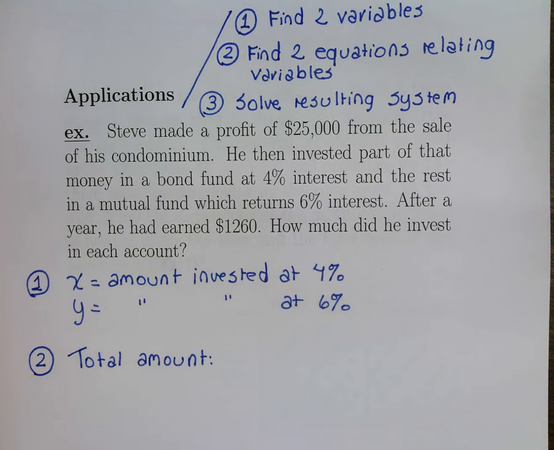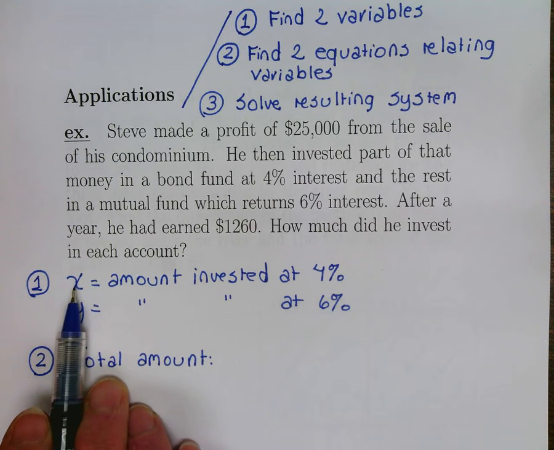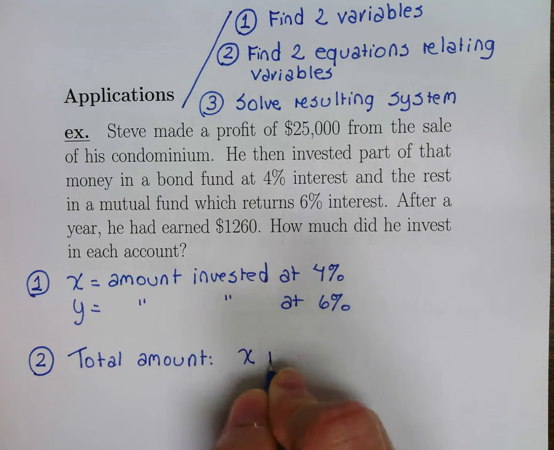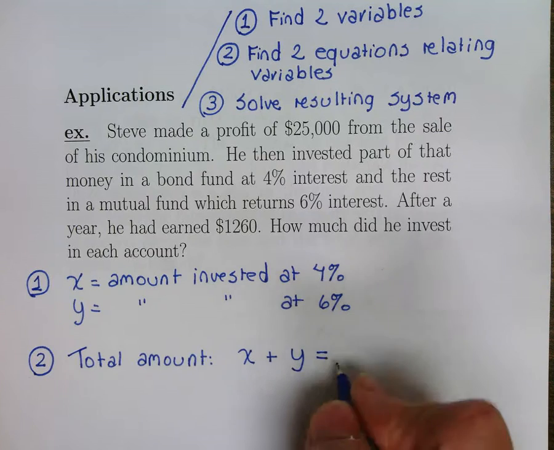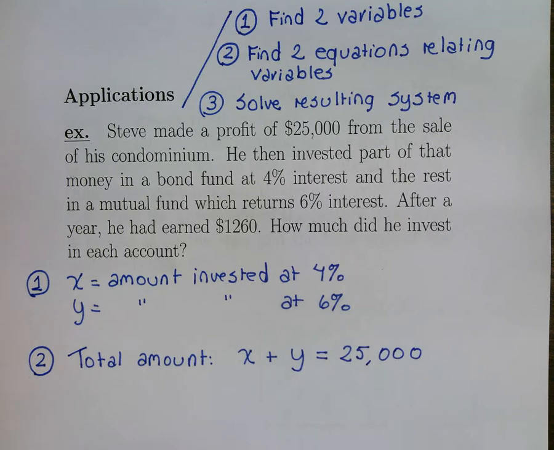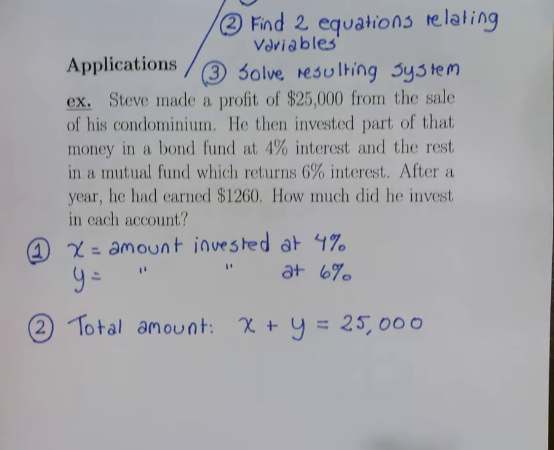And where does that come from? The amount at 4% plus the amount at 6%. So that's just X plus Y equals 25,000. That is a strict amount of money invested, and it came from those 2 accounts.